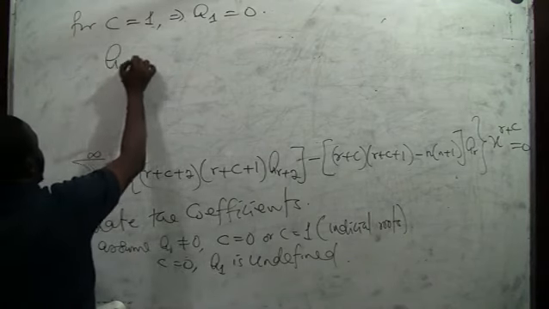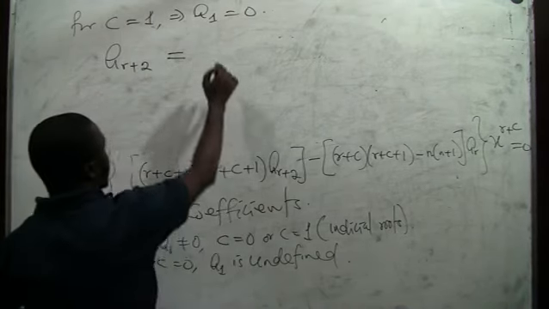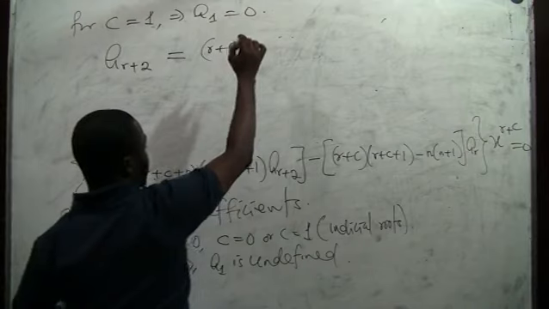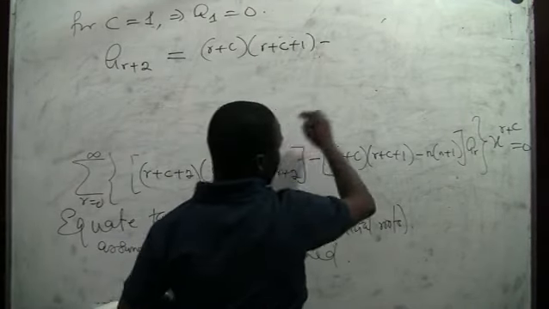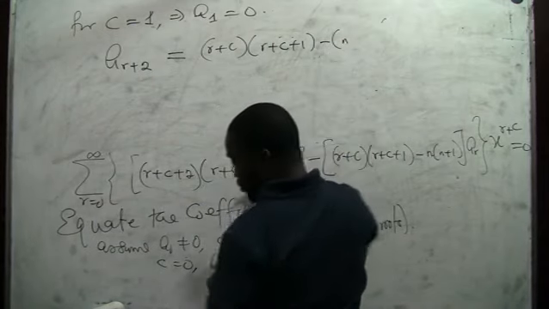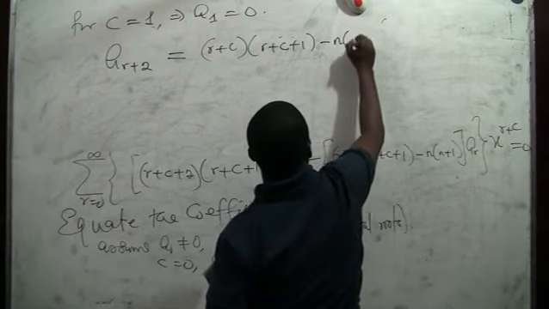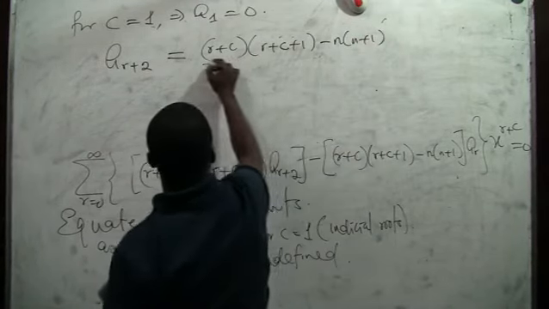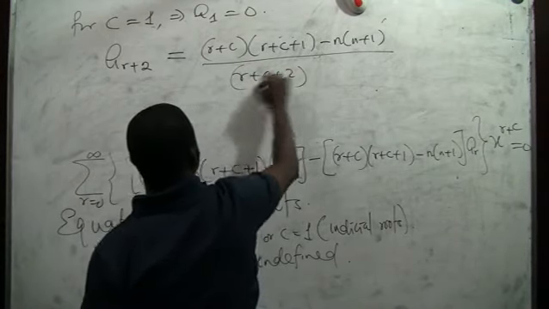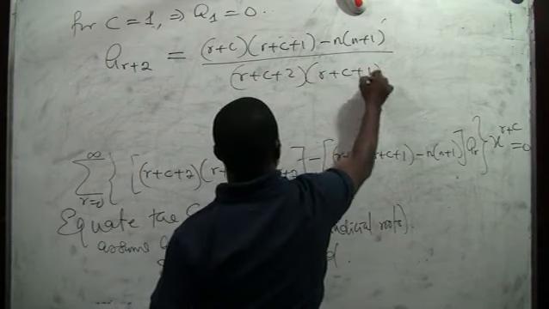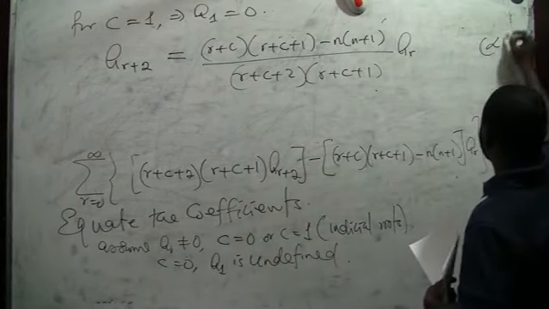By so doing, we have a r plus 2 equals r plus c into r plus c plus 1 minus n into n plus 1, all divided by r plus c plus 2, r plus c plus 1, a r. Let us call this one equation alpha.